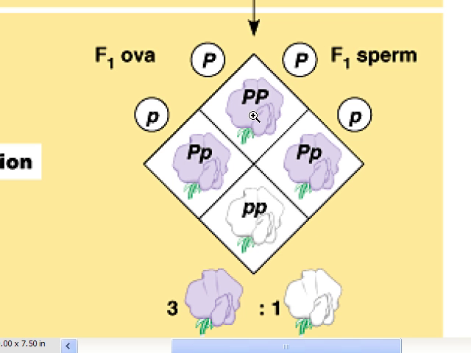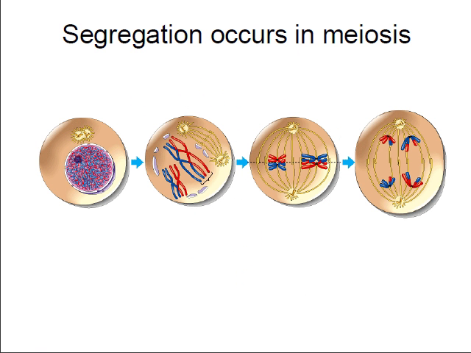If you have a big P gamete coming together with a big P gamete, you get big P big P in the offspring. And there are two options where you can have a big P and a little p gamete coming together, and then one option when you can have two of the gametes with the recessive alleles in them coming together. And so that's how you get the 3-to-1 ratio in the F2 generation.